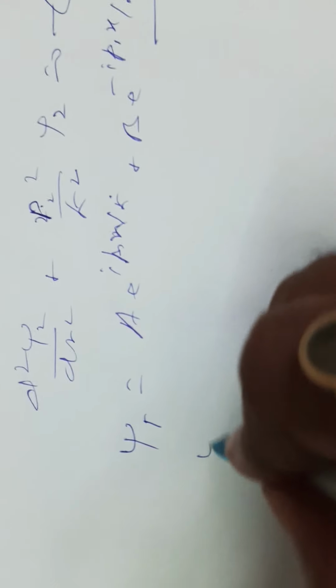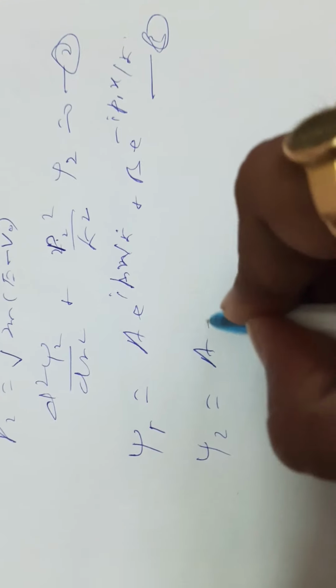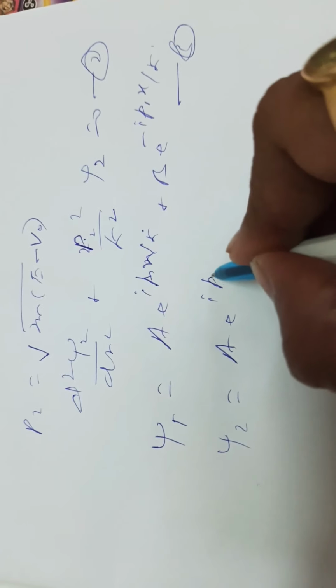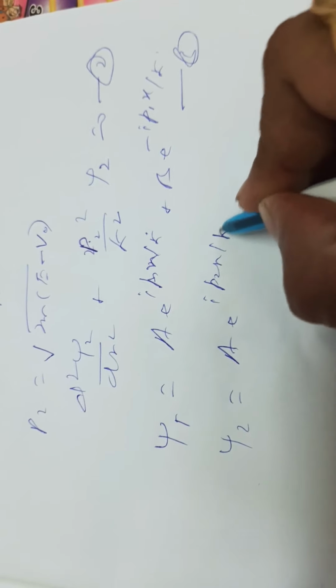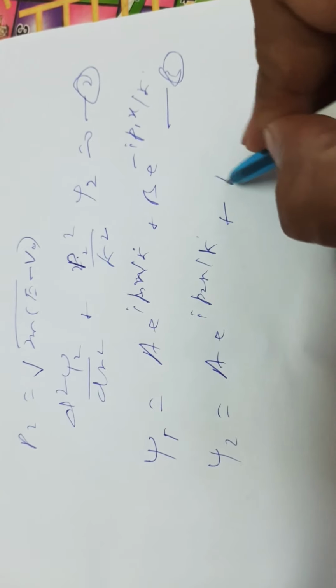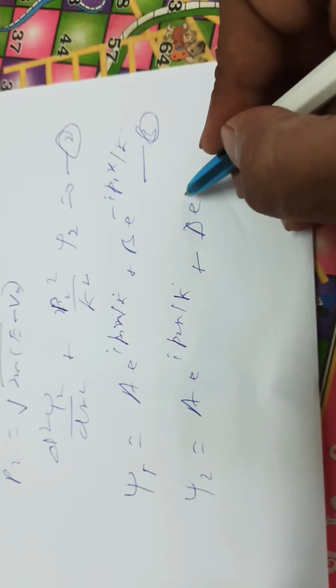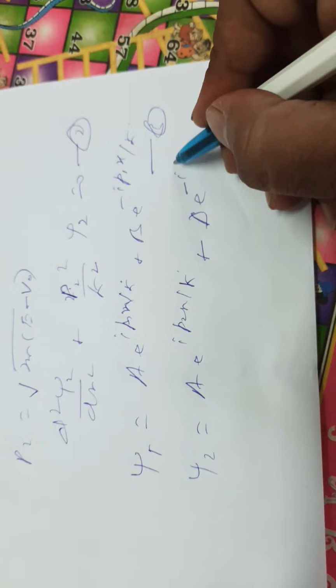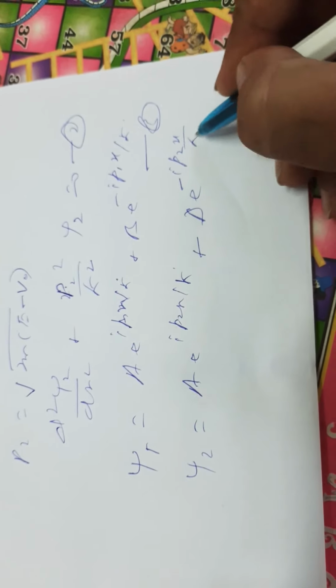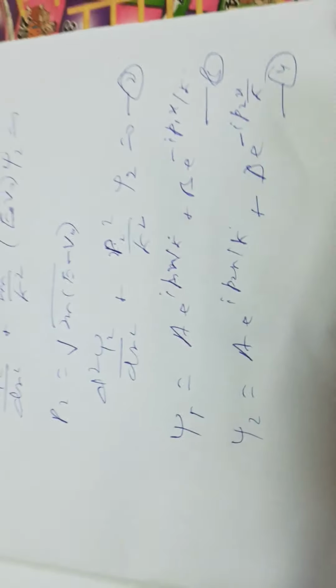Similarly, for the second region, psi 2 equal to C e to the power i p2 x by h cross plus D e to the power minus i p2 x by h cross. This is equation number 4. Here A, B, C, D are arbitrary constants which have to be determined from the boundary conditions.